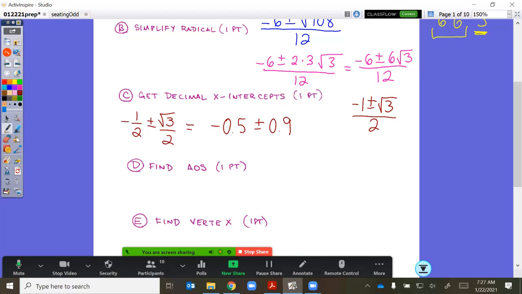Does your calculator give you 0.9 when you say square root of 3 divided by 2? Make sure that it does. Some of you have that slightly more expensive Casio where you have to close the parenthesis. Oh, yeah, if you have this, you're probably set. 0.866, so you round up to 0.9.